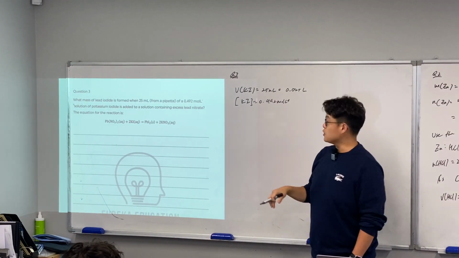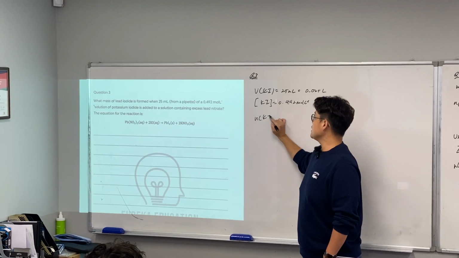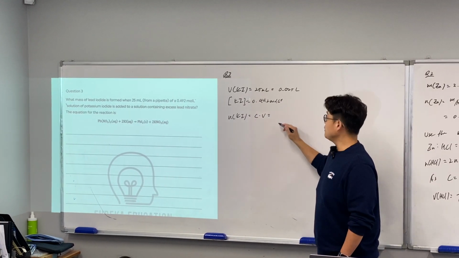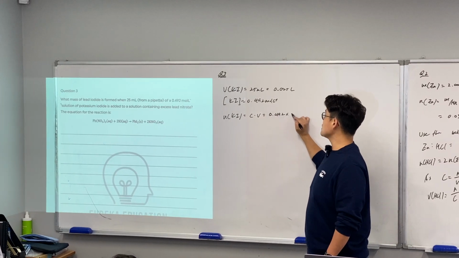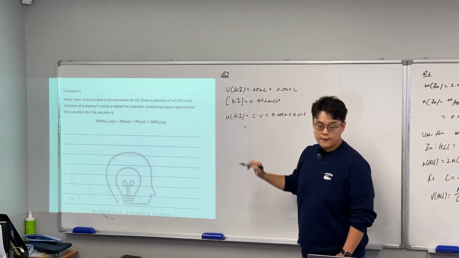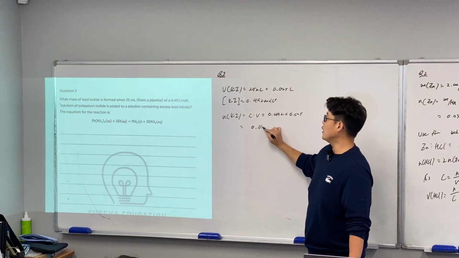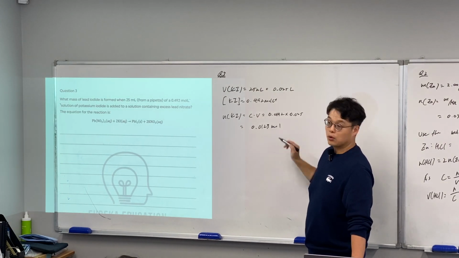Then you can find the n of the potassium iodide by C times V. That would be 0.492 times 0.025, giving you 0.0123 mole.